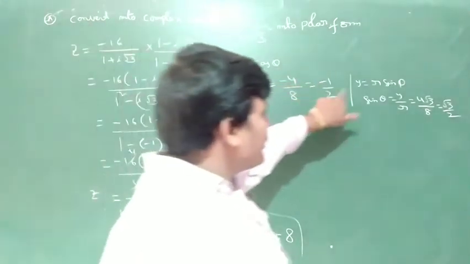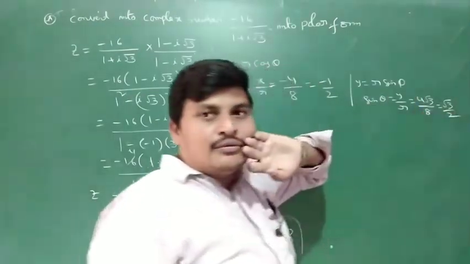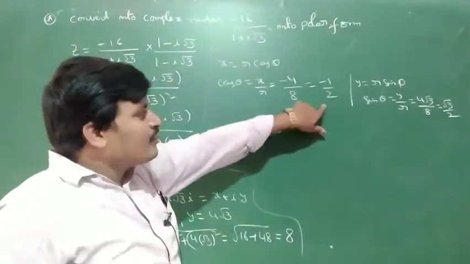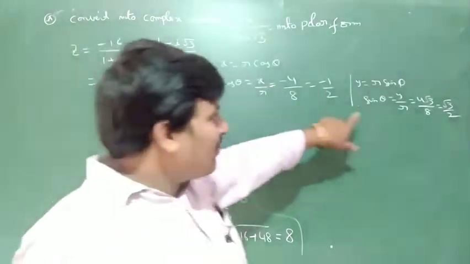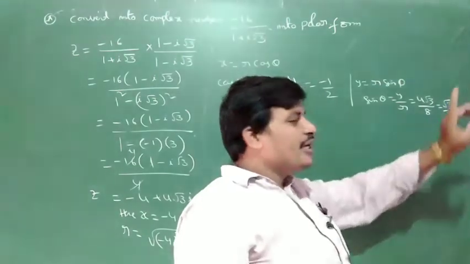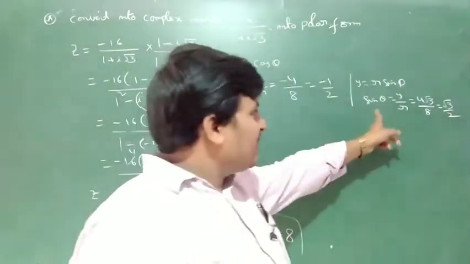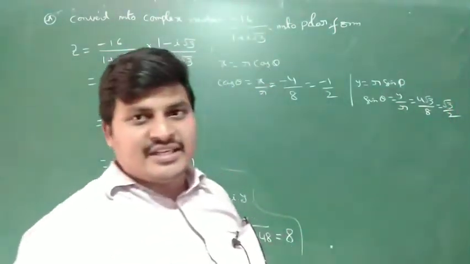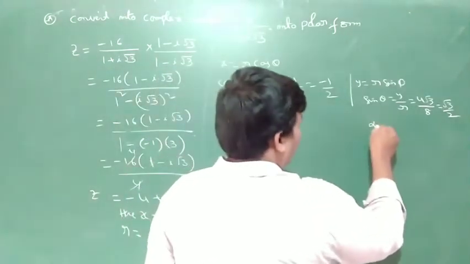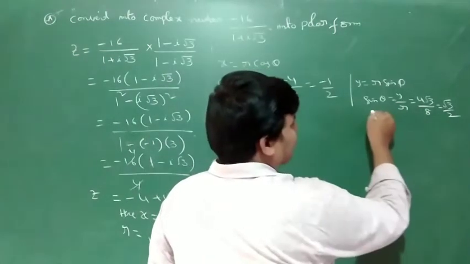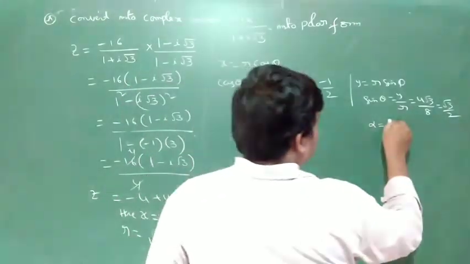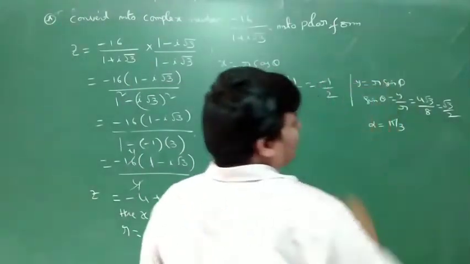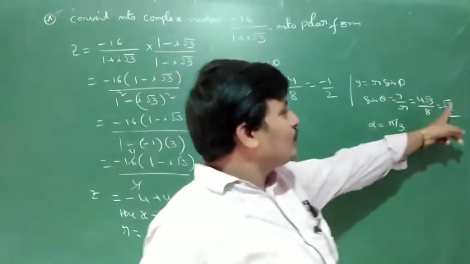Cos theta is negative, sin theta is positive. Sin theta equal to root 3 by 2 is easy to work with. So alpha, not theta, alpha: sin 60 is equal to root 3 by 2.